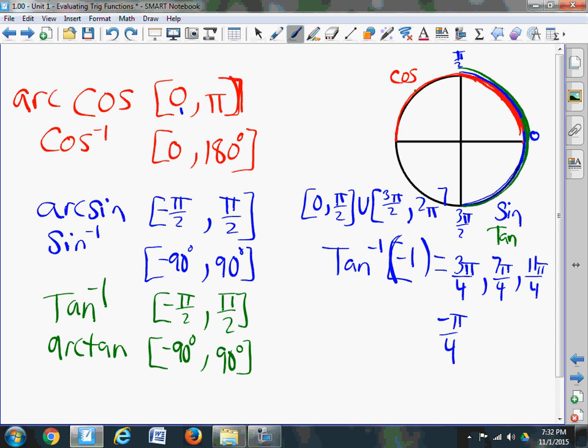That's a really awkward range, which is why they wanted it to be continuous like that. And we didn't want that as a range. So those are the possible outputs. If we're doing inverse tangent of -1, it would be negative pi over 4. That's the only one in that range that has a tangent of -1.